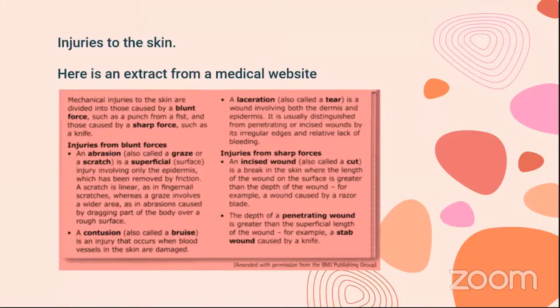Injuries from sharp forces. An incised wound, also called a cut, is a break in the skin where the length of the wound on the surface is greater than the depth of the wound. For example, a wound caused by a razor blade. The depth of a penetrating wound is greater than the superficial length of the wound. For example, a stab wound caused by a knife.